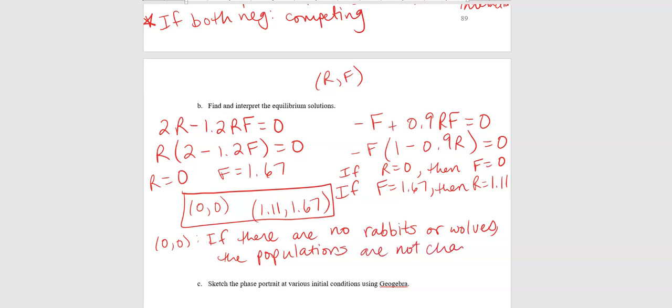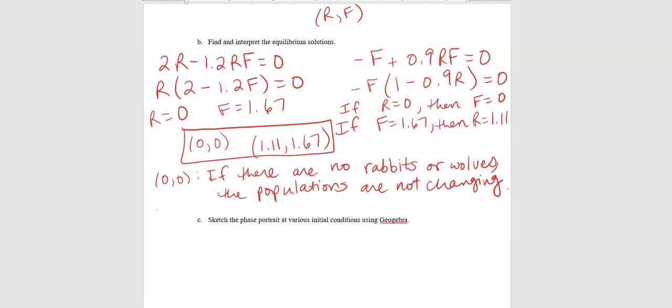Okay, now what about the other one? That one's a little bit more interesting. So if we look at the other solution, in this case, what we're saying is if we have a population of 1.11, and I didn't say it in the problem, but I think this was actually times 1,000.